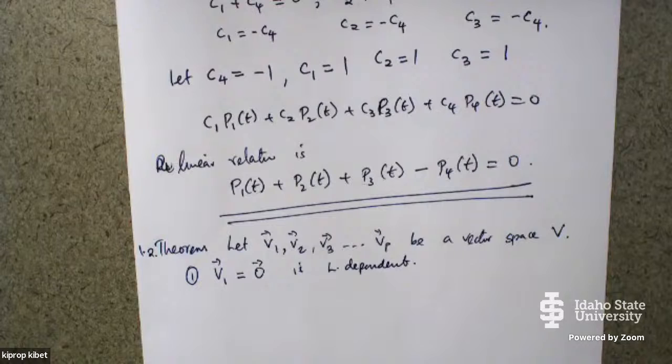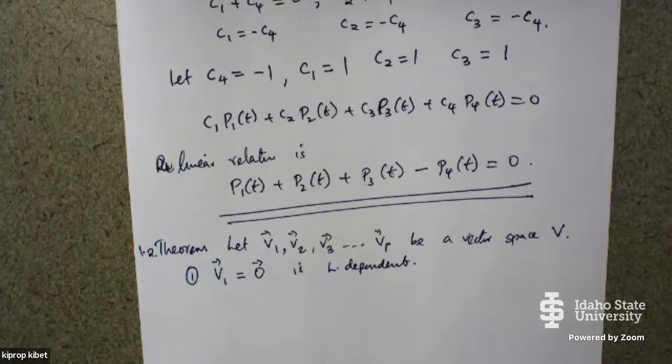If you find one vector to be 0, and the others are nonzero, or one of them is just 0, then it is linearly dependent.